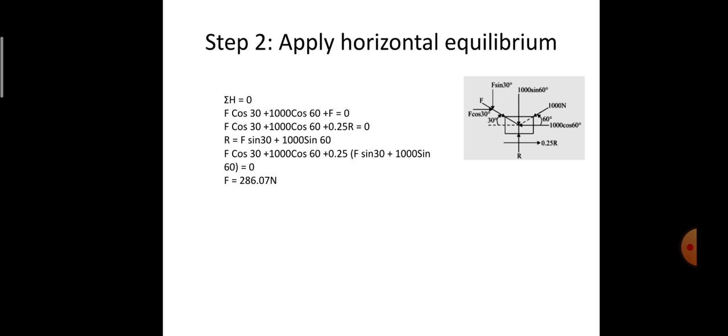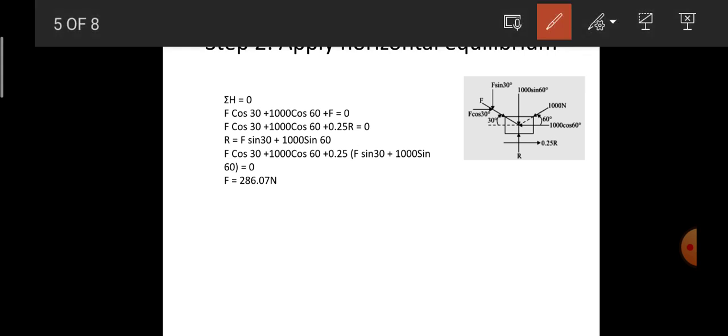Next is the application of the horizontal equilibrium. Here we are going to take only the horizontal forces into consideration. If I start with the system as a whole, I have F cos 30 going in the right side direction, 1000 cos 60 going in the left side direction, and 0.25 times R going in the right side direction.